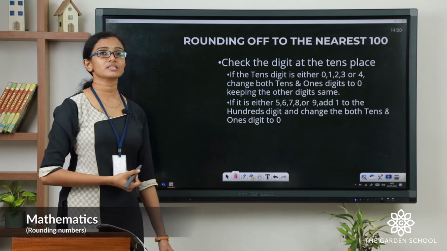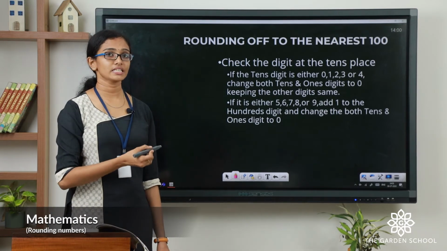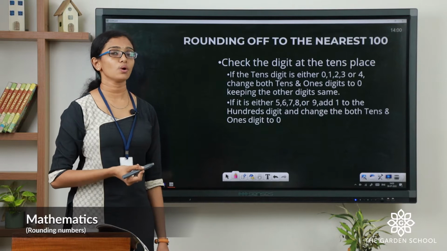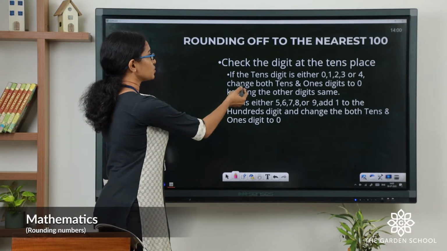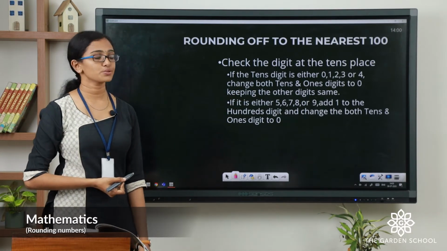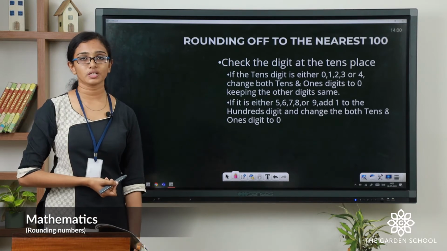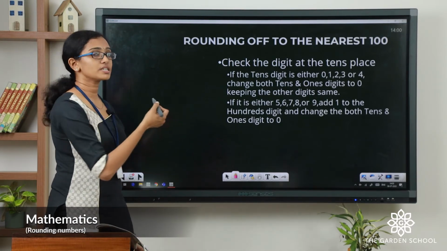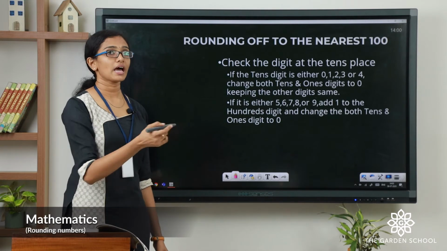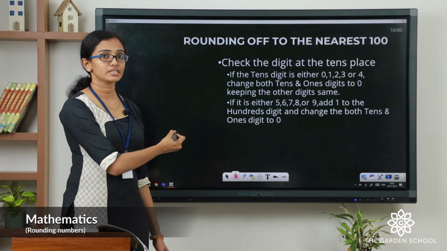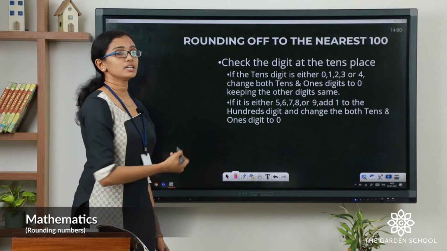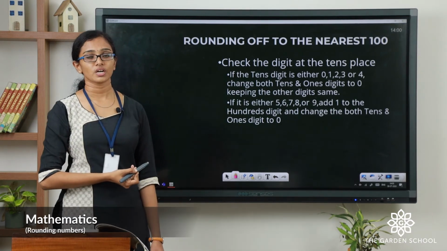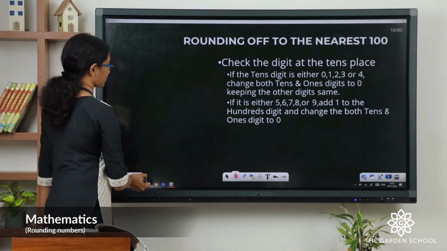So, if the tens place is less than 5, if it is either 0, 1, 2, 3 or 4, we have to change both tens and ones to 0 and other digits will remain the same. If the tens digit is 5 or more than 5, you have to add 1 to the hundreds digit and we have to change the tens and ones to zeros. Now, let's see that with examples.